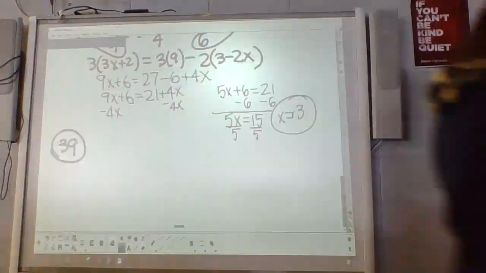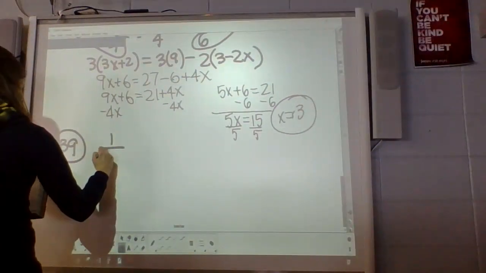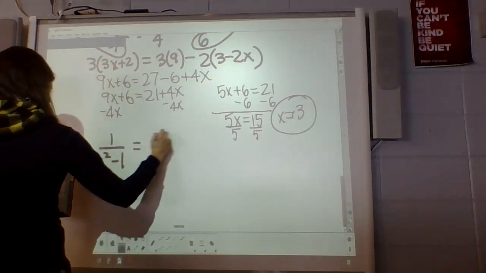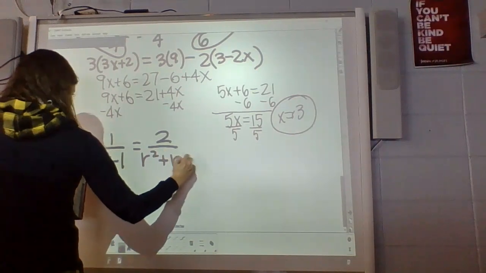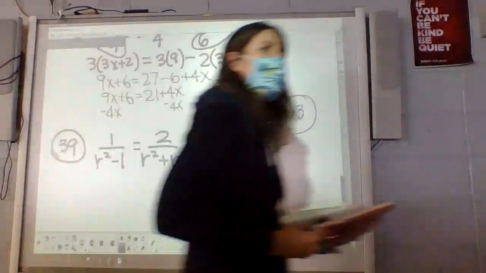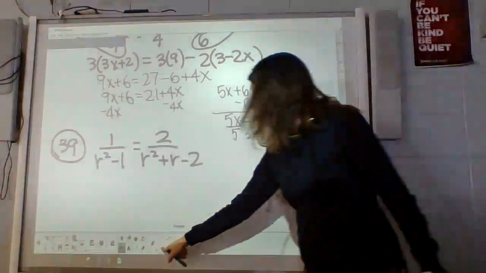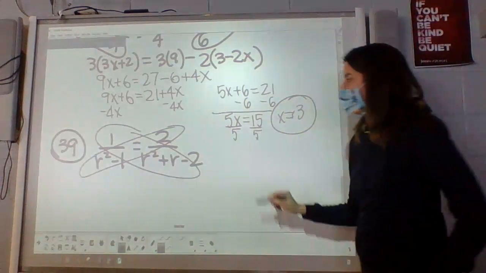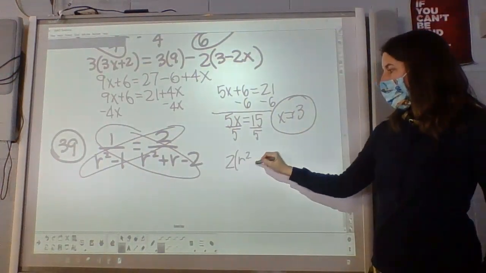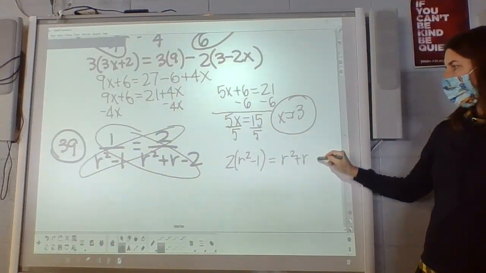All right, 39. So this one's just a fraction equals a fraction, so we can cross multiply. So I'm going to multiply 2 times r squared minus 1, and then 1 times r squared plus r minus 2.